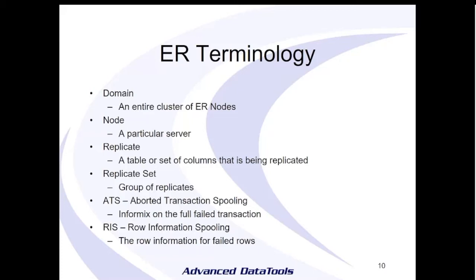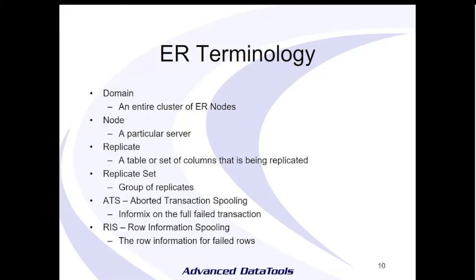On the other hand, there's a replicate set, which is a group of replicates. That was introduced to be able to do commands on a series of replicates at once. So you could have a replicate set of your whole database and be able to do your ER commands to manage those replicates all with one command rather than needing a separate command for each replicate.